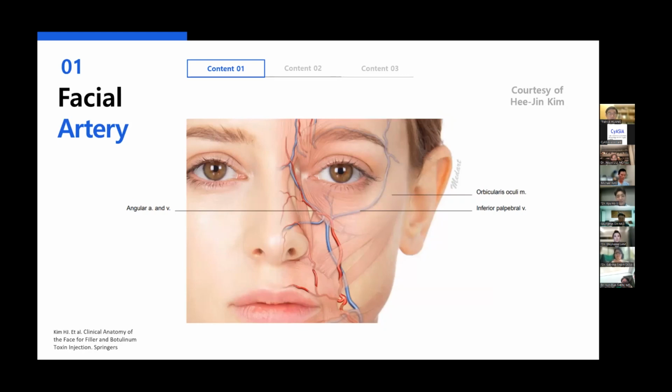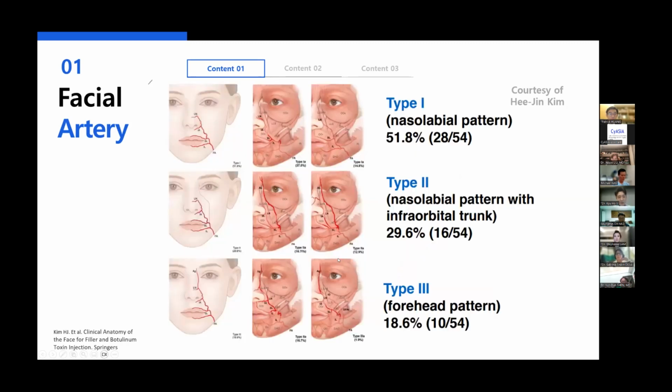So the veins and arteries. The typical arterial running of the facial artery is type 2. Type 2 merges with the infraorbital artery and runs as an angular artery to the canthal region.